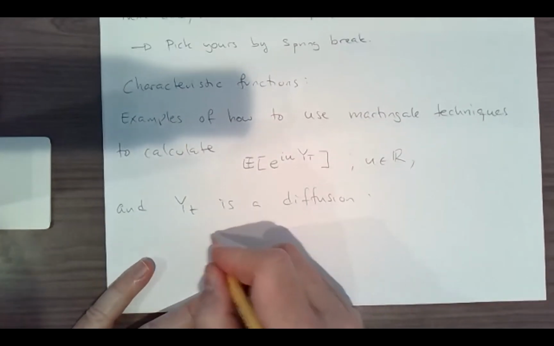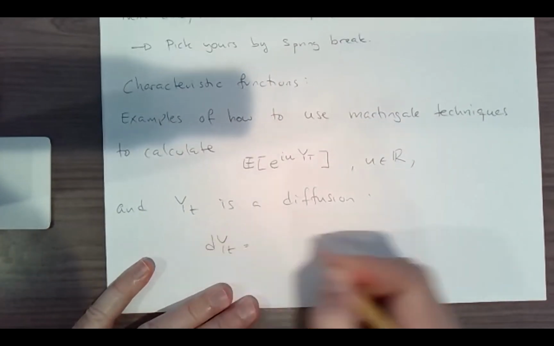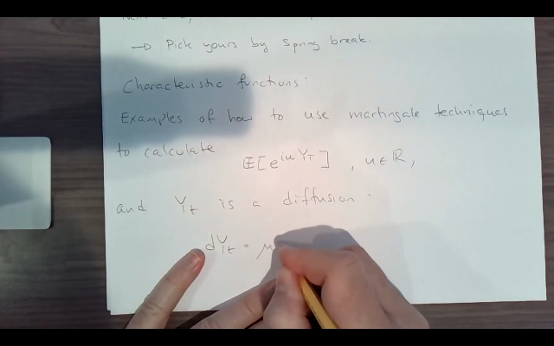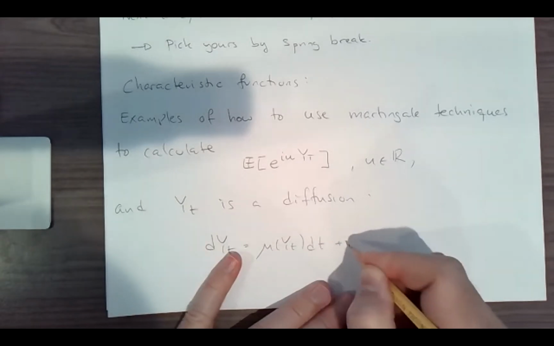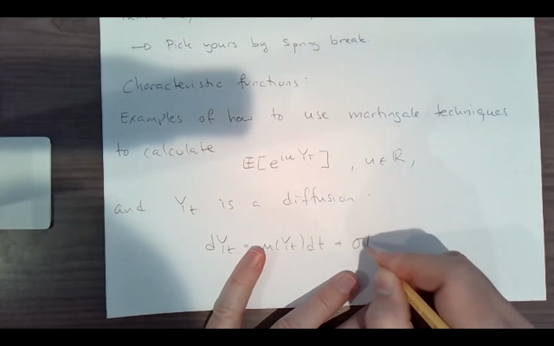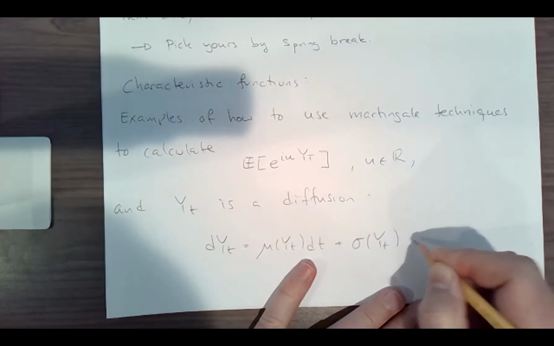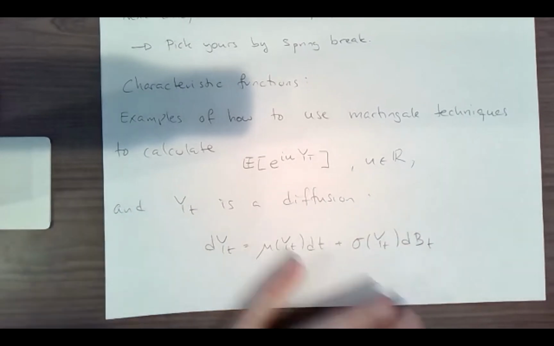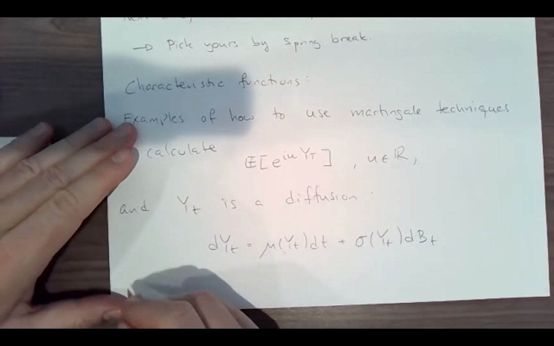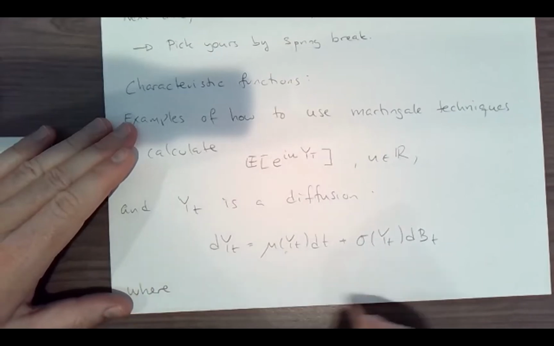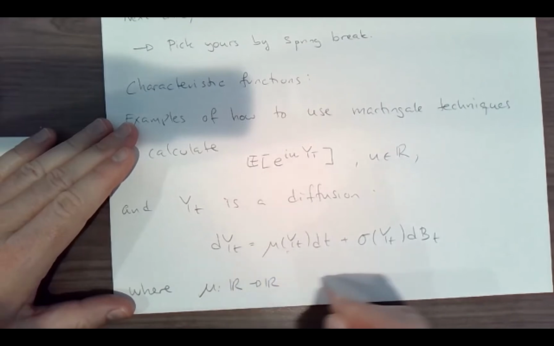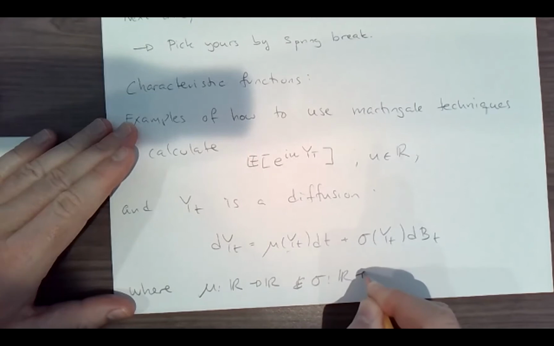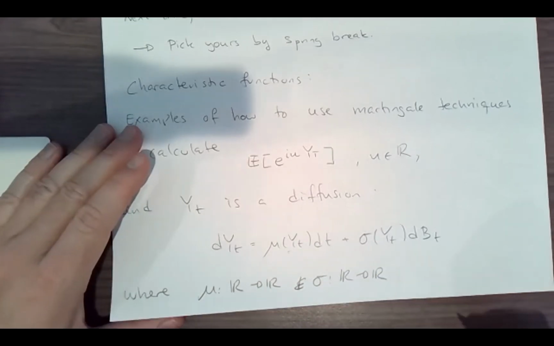A diffusion means that you look at its dynamics, and it can be written as a drift mu and a martingale term, where mu and sigma are just functions.